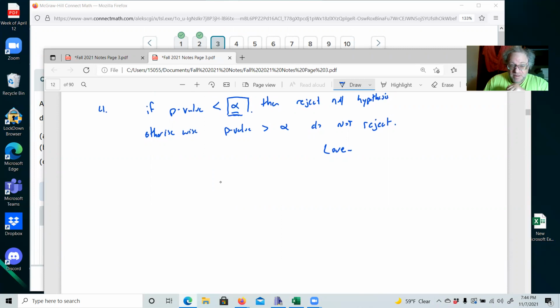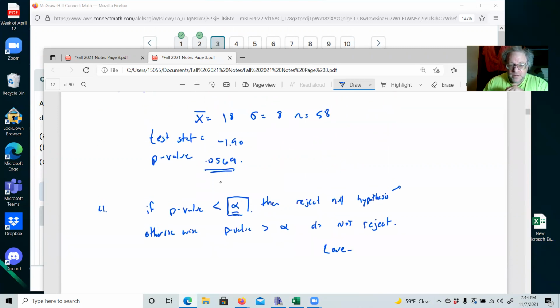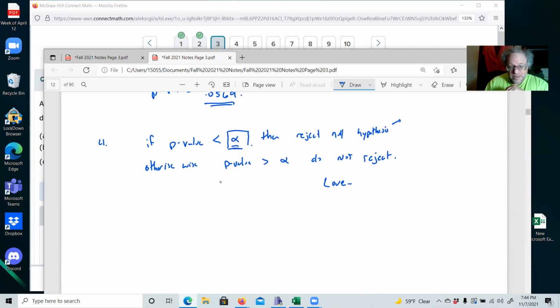So since my p-value is greater than alpha, it's not less than alpha. Okay, we could say it this way: p-value is not less than alpha. Okay, we say, well, do not reject.